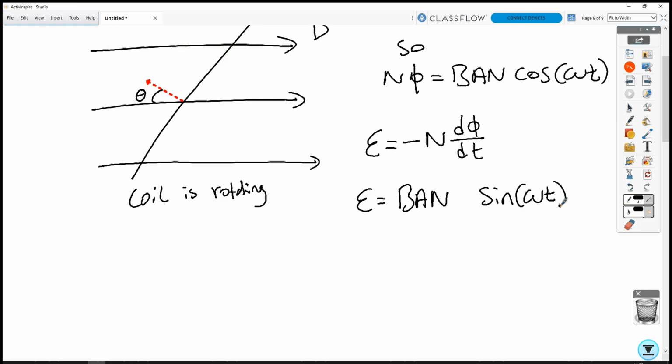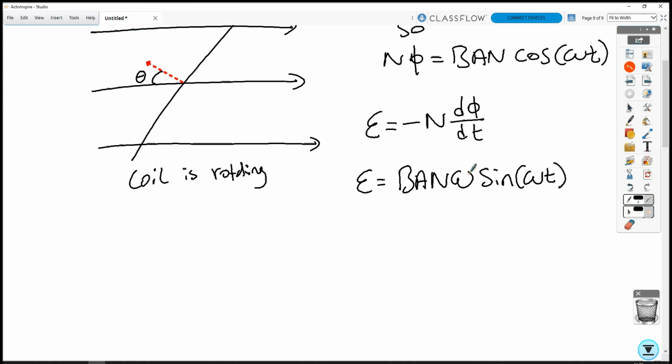But we have to apply chain rule because omega t is also a function of time. So if we apply chain rule, omega t differentiates to omega. We're assuming that it rotates at constant angular frequency. So we get BAN omega sine omega t.